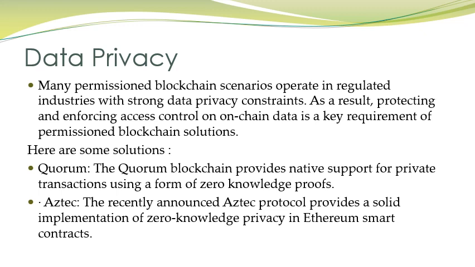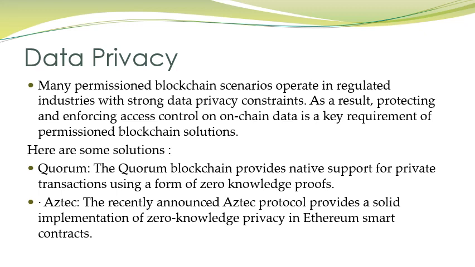How to maintain privacy between these users is a difficult challenge in the permission blockchain. Many permission blockchain scenarios operate in regulated industries with strong data privacy constraints, and as a result, protecting and enforcing access control on chain data is a key requirement of permission blockchain solutions.